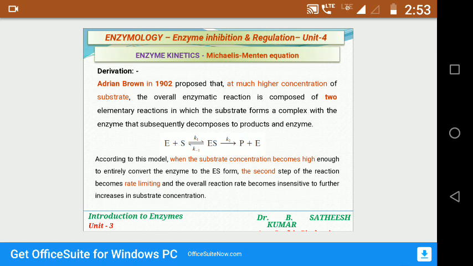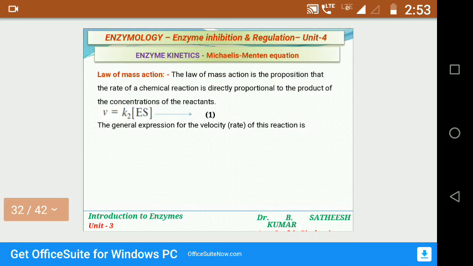In the first reaction, the enzyme interacts with the substrate and forms the enzyme substrate complex, and in the second reaction, the enzyme substrate complex will form product, and the product will dissociate from the enzyme, and this is the rate limiting stage.